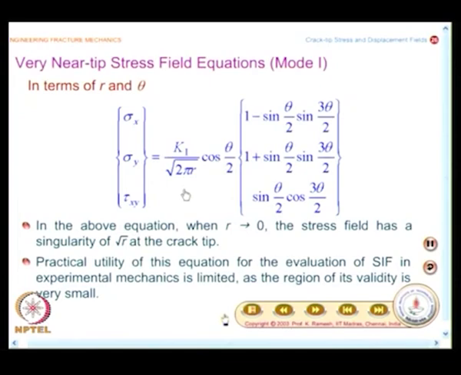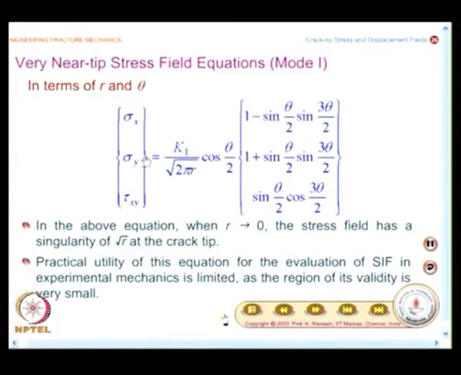In a plasticity situation, you will have an r singularity. The singularity strength would be different for different cases, people have noted that, and root r singularity is a very famous terminology which you come across very often in fracture mechanics. The elasticity solution gives the stress field approaching infinity as 1 by root r.